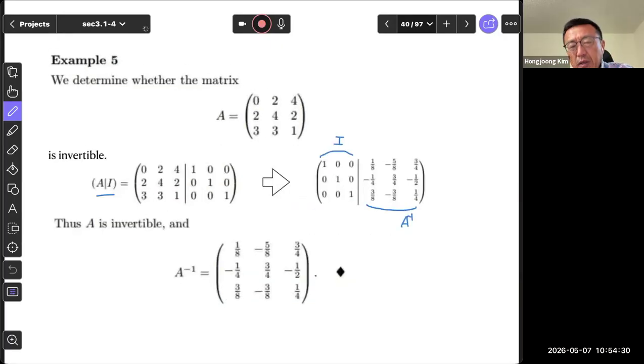Okay, so this is the usual way to find the inverse matrix. So you know how to find this matrix, right?